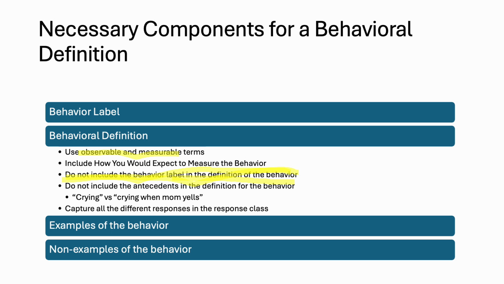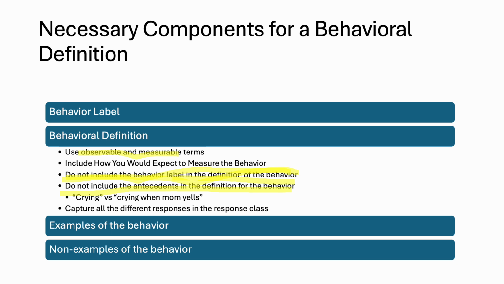Okay, another one that's very important is do not include the antecedents in the definition of the behavior. And the reason that we don't include the antecedents in the definition of the behavior is because by including them, you are lending yourself to talk about intent, which I talked earlier about not including. When we try to define behavior in terms of the antecedents, we typically will end up saying, for example, Jimmy engaged in aggression because he wanted attention.